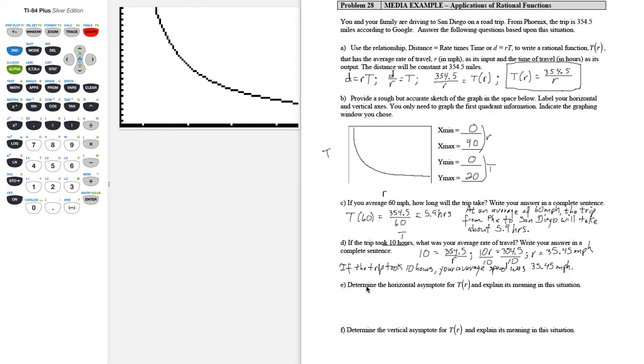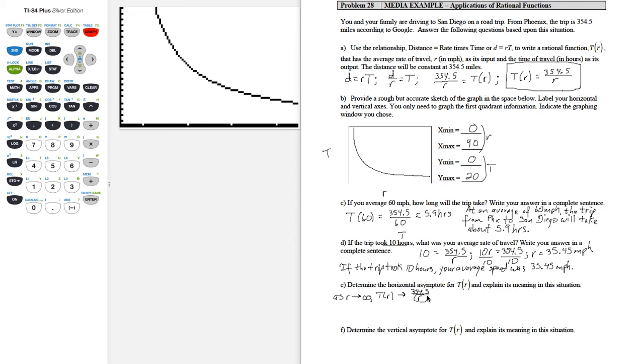Now for part E, determine the horizontal asymptote for t of r and explain its meaning in this situation. What I'm looking for is, as r gets really big, as r approaches infinity, t of r is going to approach 354.5 over r.